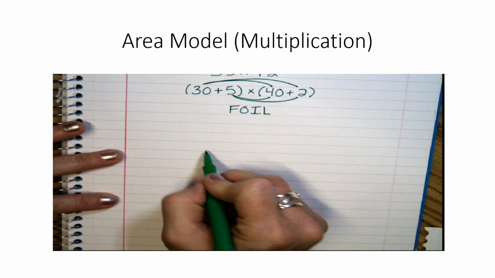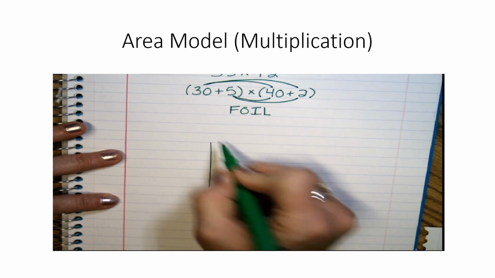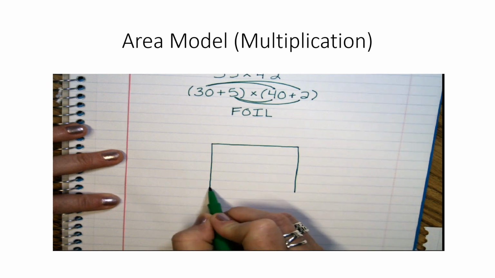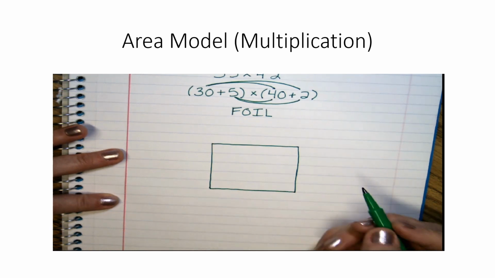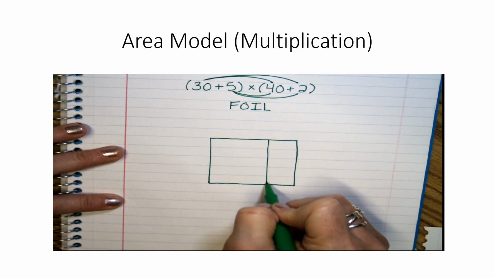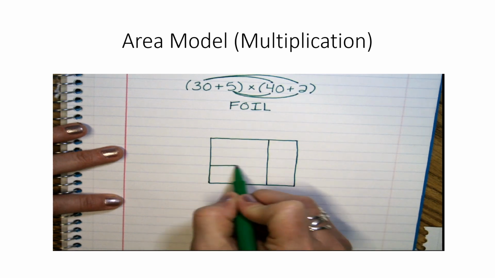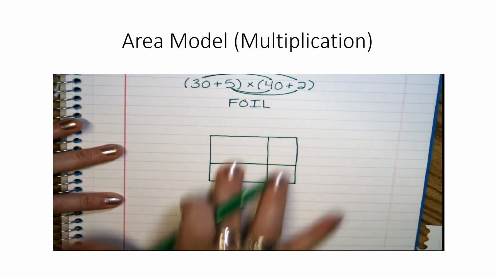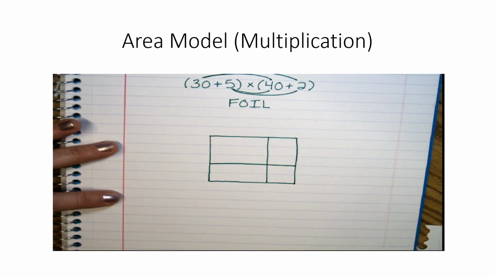So what we do is we start with what we call the area model. The area model is really just a place for us to house our products. We're going to start with our first area model, and it's going to be 4 squares on the inside because we're going to be doing a 2-digit times 2-digit.